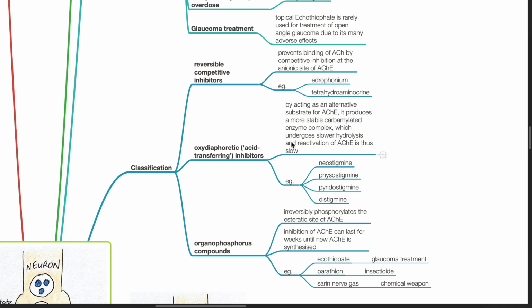Examples of carbamate inhibitors include neostigmine, physostigmine, pyridostigmine, and distigmine. By acting as an alternative substrate for acetylcholinesterase, they produce a more stable carbamylated enzyme complex which undergoes slower hydrolysis, and reactivation of acetylcholinesterase is thus slow.